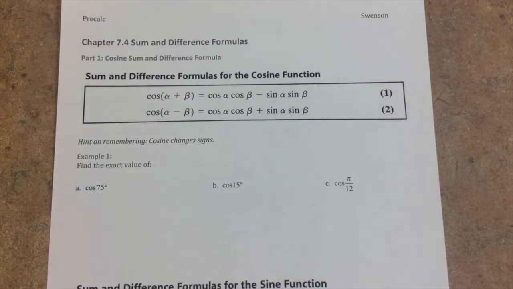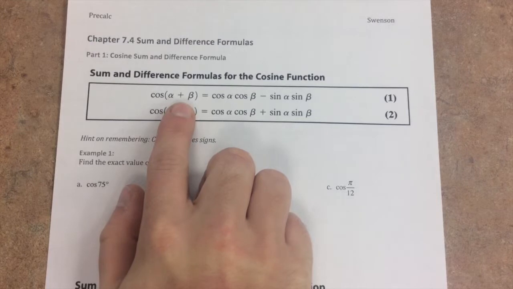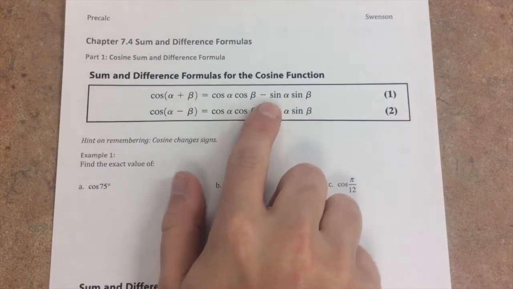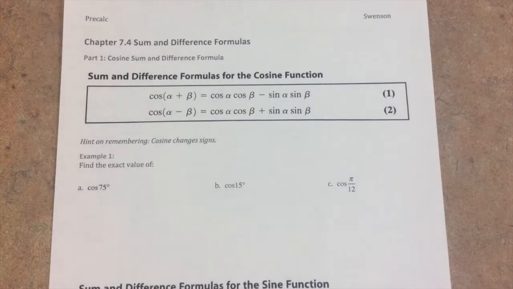So I'm going to try and give you the easiest way to remember these formulas, even though I will give you them. It's important that you kind of know which ones to use. So with cosine, if we have the sum of two angles, we do the opposite sign. So cosine with sum or difference, we're going to change the sign. C, change, cosine changes.